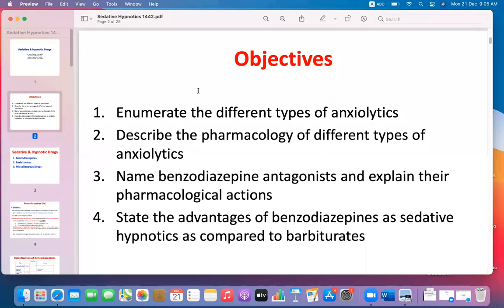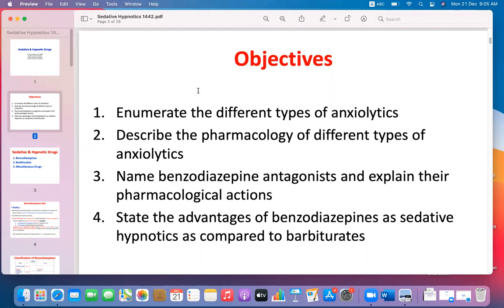The objectives of the lecture are different types of anxiolytics. Anxiolytics are the drugs which are used in the treatment of anxiety.